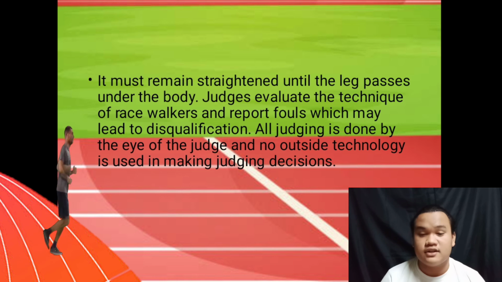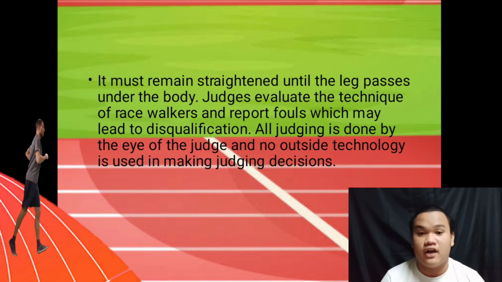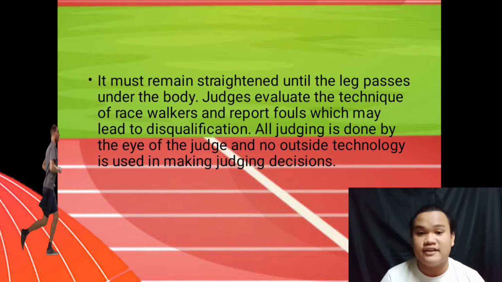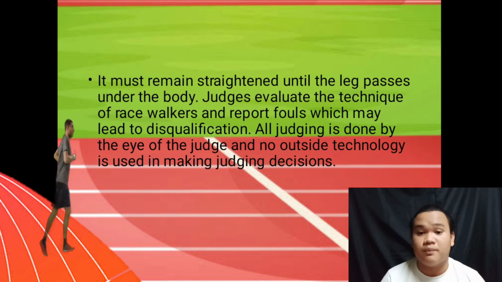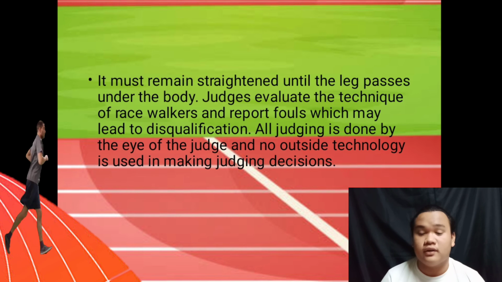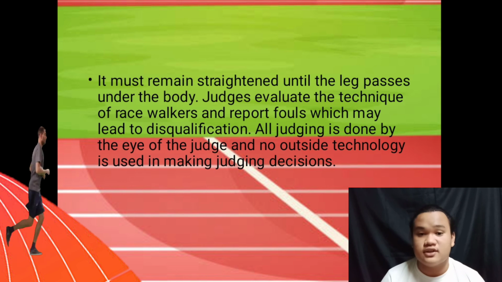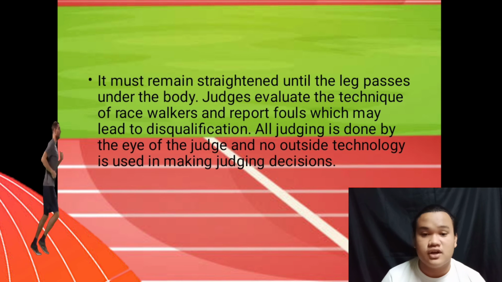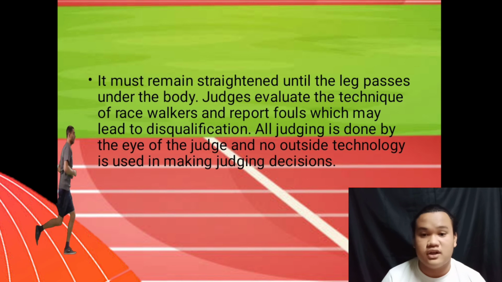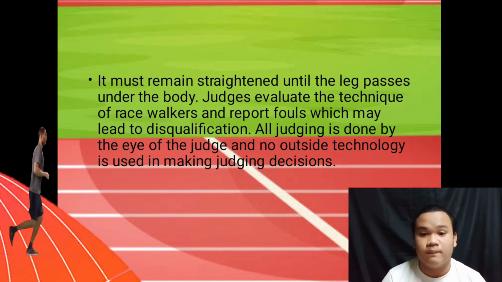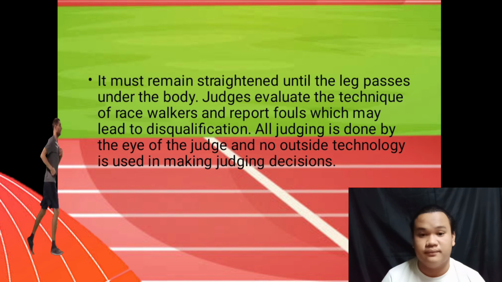The leg must remain straightened until it passes under the body. Judges evaluate the technique of race walkers and report fouls which may lead to disqualification. All judging is done by the eye of the judge, and no outside technology is used in making judging decisions.